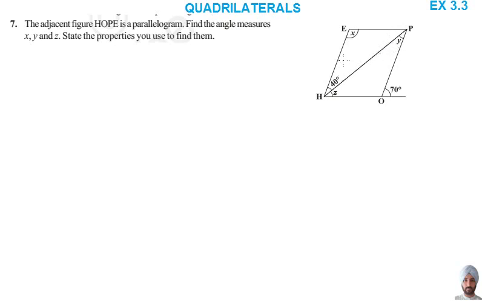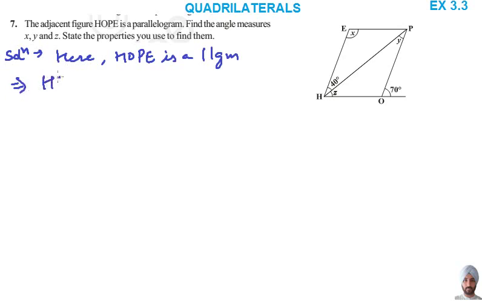You think till then I am writing. So this is the solution. Here HOPE is a parallelogram. It implies HE is parallel to PO or OP.